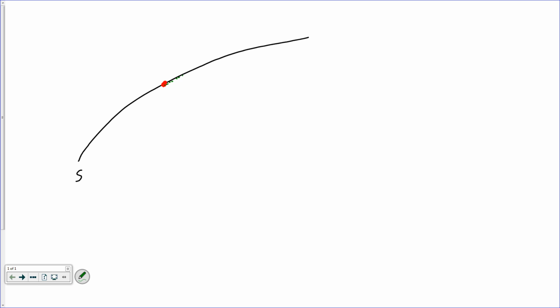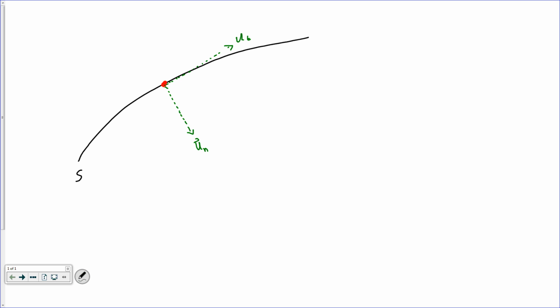So the tangential coordinate is always tangent to the path and in the direction that the object is moving in. So in this case, the object must be moving left to right. The normal component is perpendicular to the tangential component and is pointing towards the center of curvature. So at that moment, the center of curvature is down and to the right.